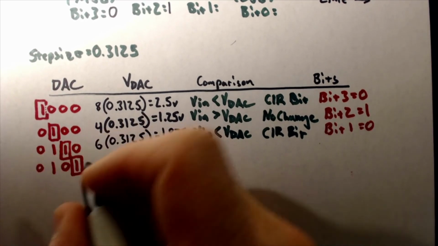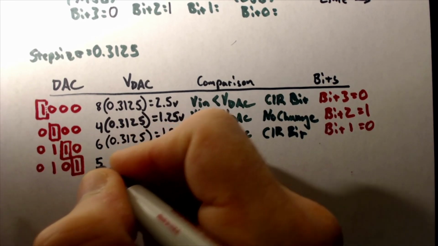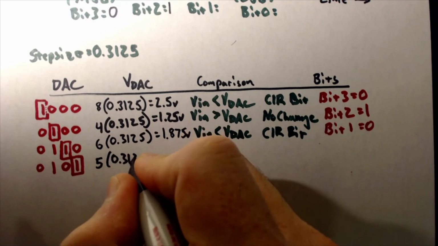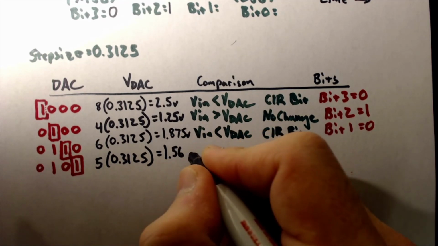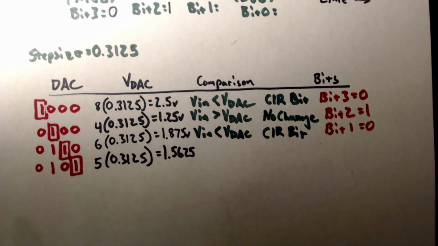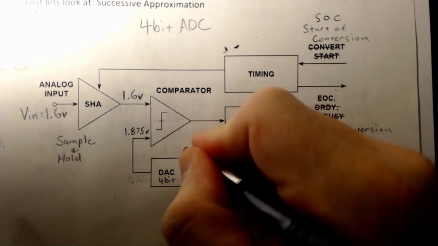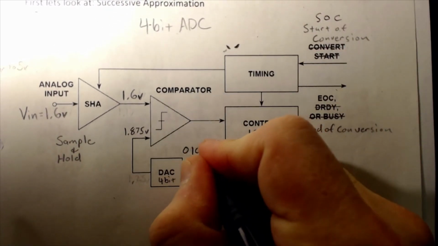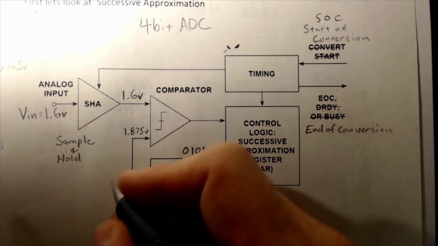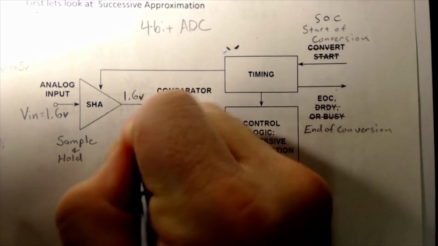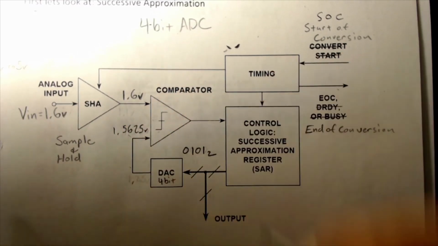Okay. 0101. In other words, 5. 5 times 0.3125 is equal to 1.5625. 0101, which gave us 1.5625 volts.